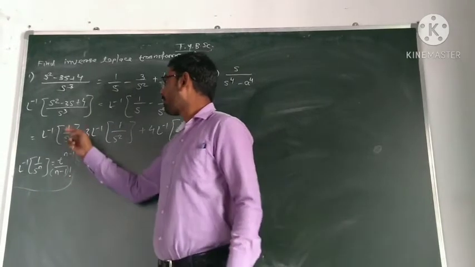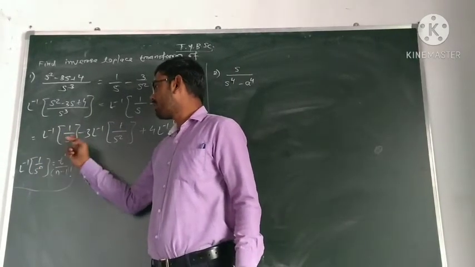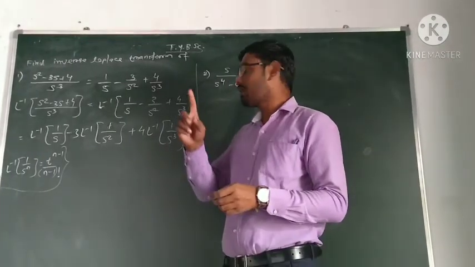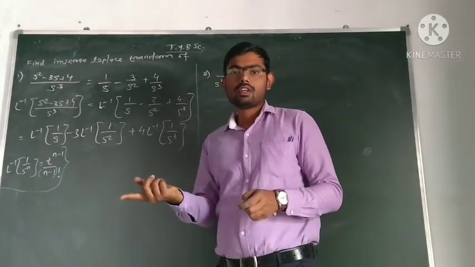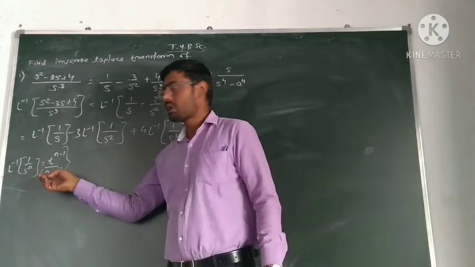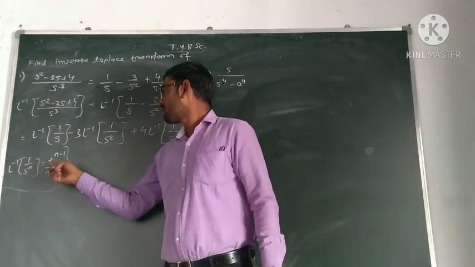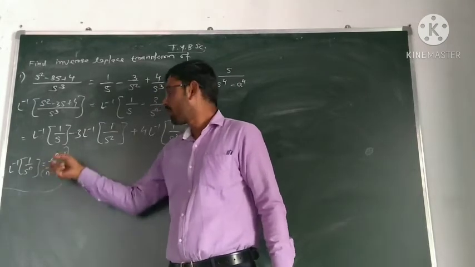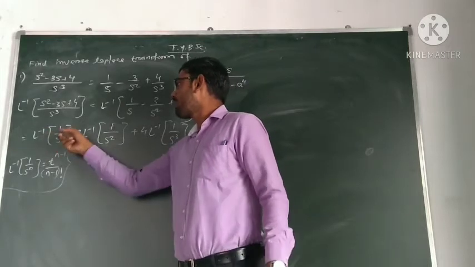So here for 1/s, n is equal to 1, and we also know that the Laplace transform of 1 is 1/s. So the Laplace inverse of 1/s is 1. Or you can also use this formula. Put n equal to 1: t raised to the power 1 − 1, t⁰ is 1, upon 0 factorial, which means 1. 1 by 1 is 1. So the Laplace inverse of 1/s is 1.